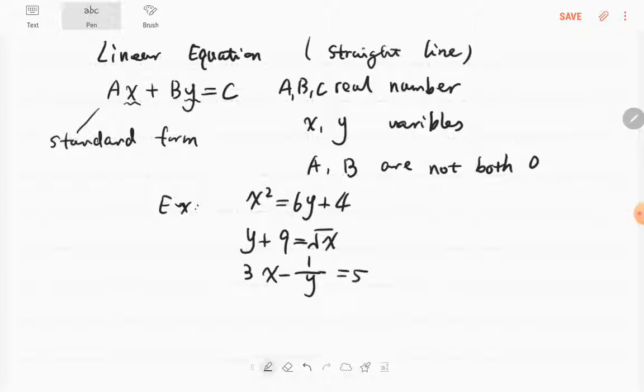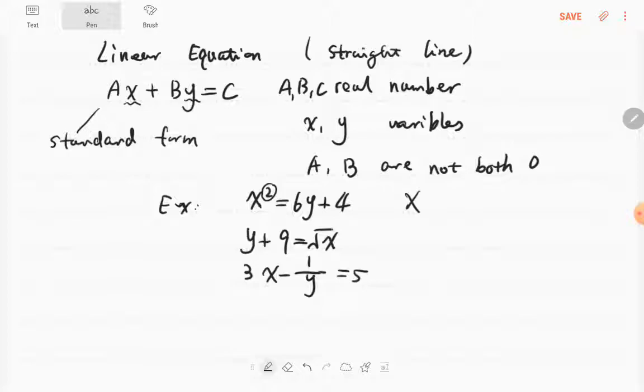Can we write this one into the standard form, ax plus by? We already realized it cannot be written into the standard form because here the x term has exponent 2. So it's not x, it's x squared. So this is not a linear equation, right? Because here, x squared is not qualified.